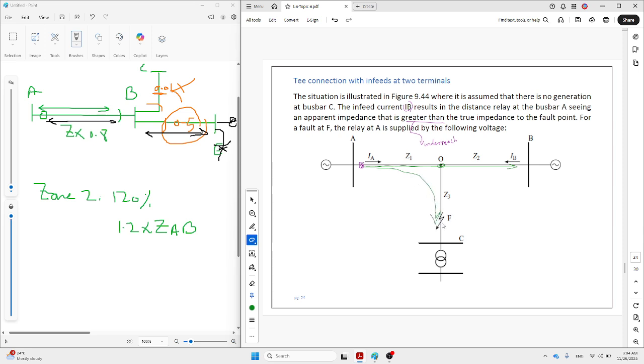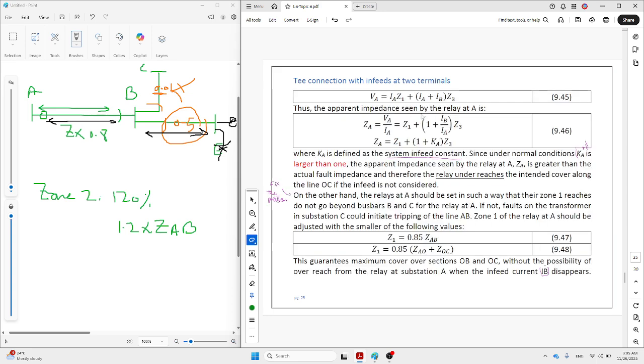If the fault happened at this point, again, you can see by the Z1, it's IA and the relay at this point. IA over VA, correct? So we can protect this area. Then for this, for the Z3, we have IB added to that one. So again, we have another in-feed current, which can be seen by this. Okay. So the different technique can be used to overcome that one.